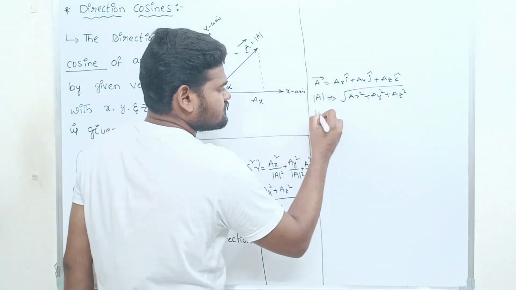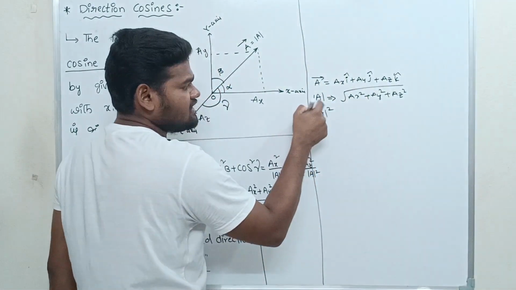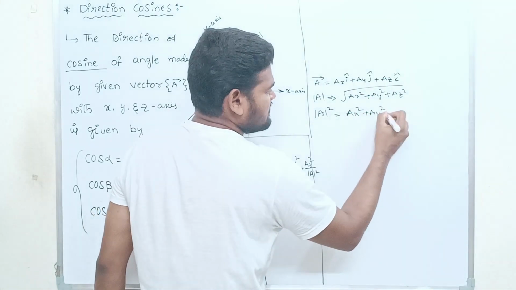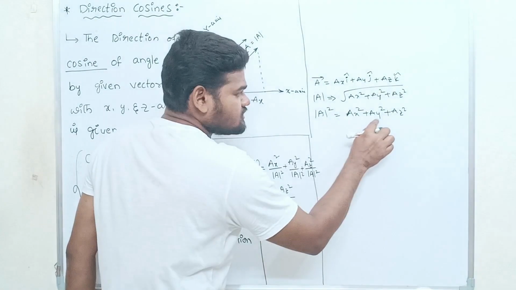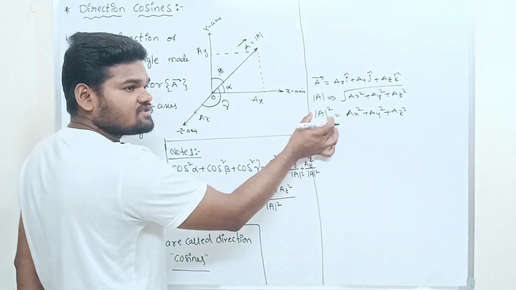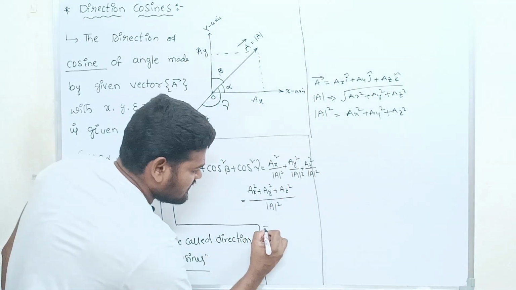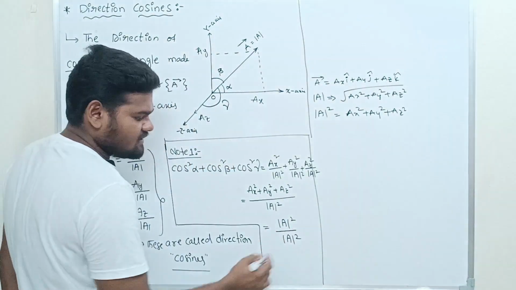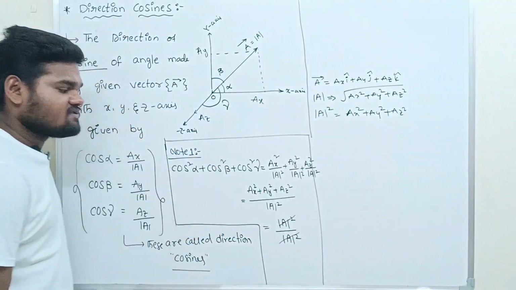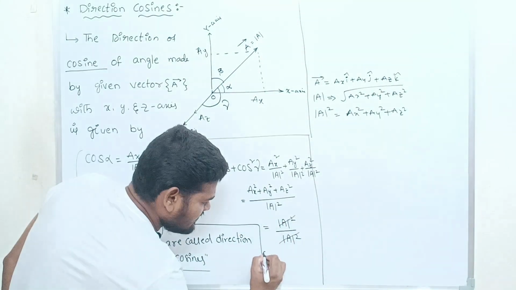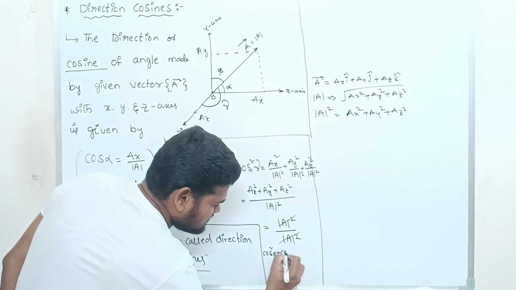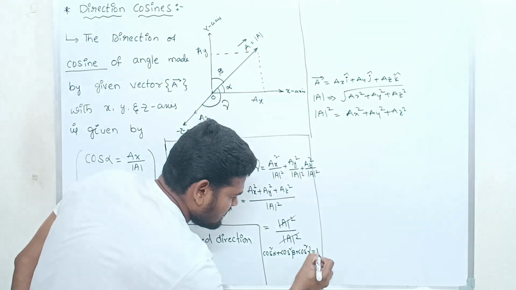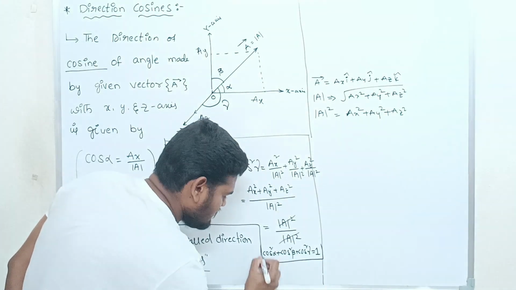Squaring on either side, the square root gets cancelled out and you will get magnitude of a square equals Ax square plus Ay square plus Az square. Now Ax square plus Ay square plus Az square is equal to magnitude of a square, so magnitude of a square divided by magnitude of a square cancels out, and we get cos square alpha plus cos square beta plus cos square gamma is equal to how much? 1. So remember this formula, an important formula.